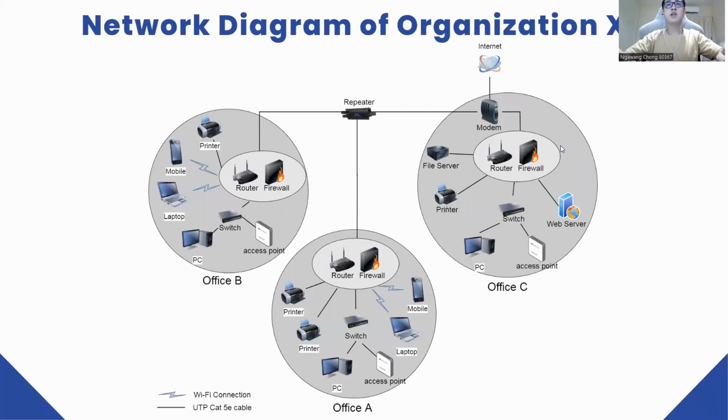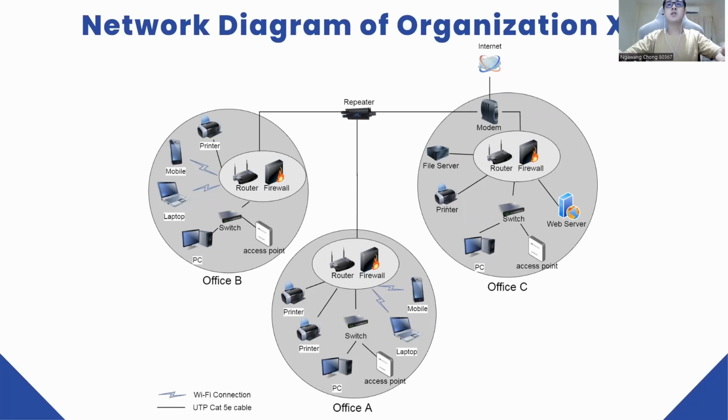This is our network diagram for organization XYZ. As you can see, the internet gateway is connected to a modem located at Office C. Star topology is used in this situation because it's easy to add or remove computers from the network without disruption. Star topology is also cheaper and easier to install compared to mesh and ring topologies.